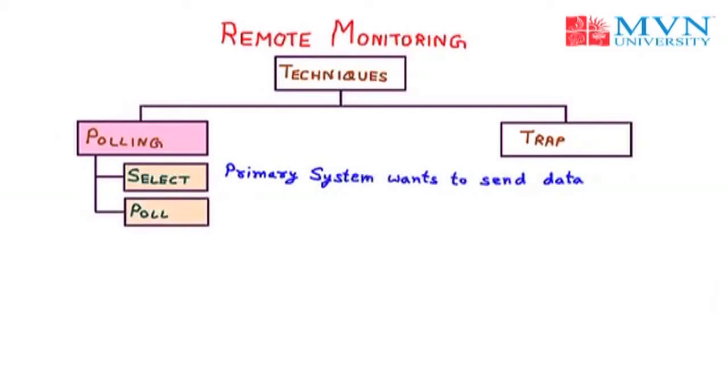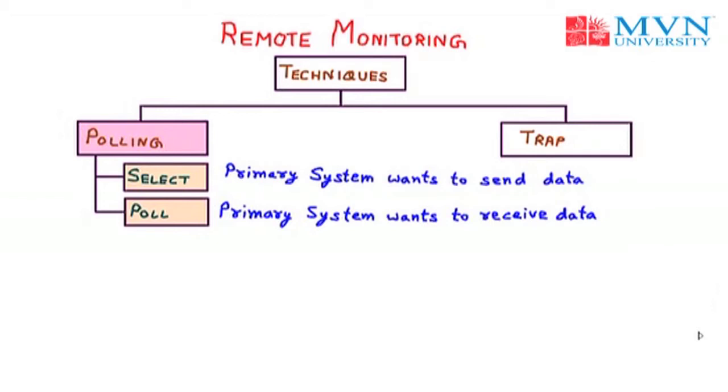If the primary system wants to receive data, it asks the secondary system if it has anything to send. This is called the poll function. So we have two functions, select and poll: when the primary system wants to receive data, we use the poll function, and when the primary system wants to send data, we use the select function.